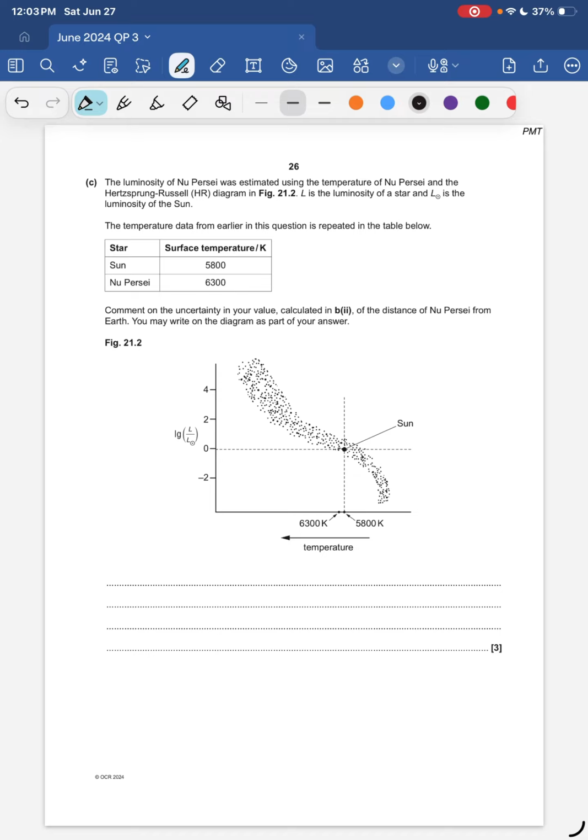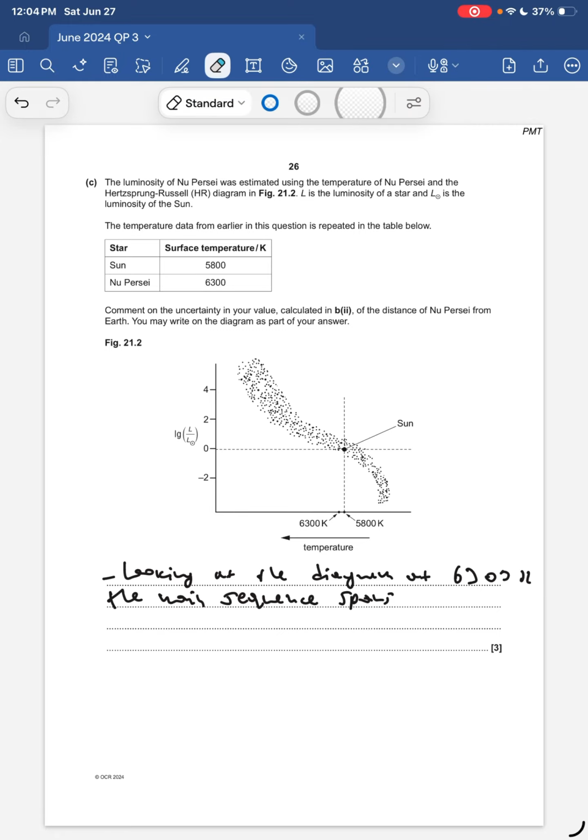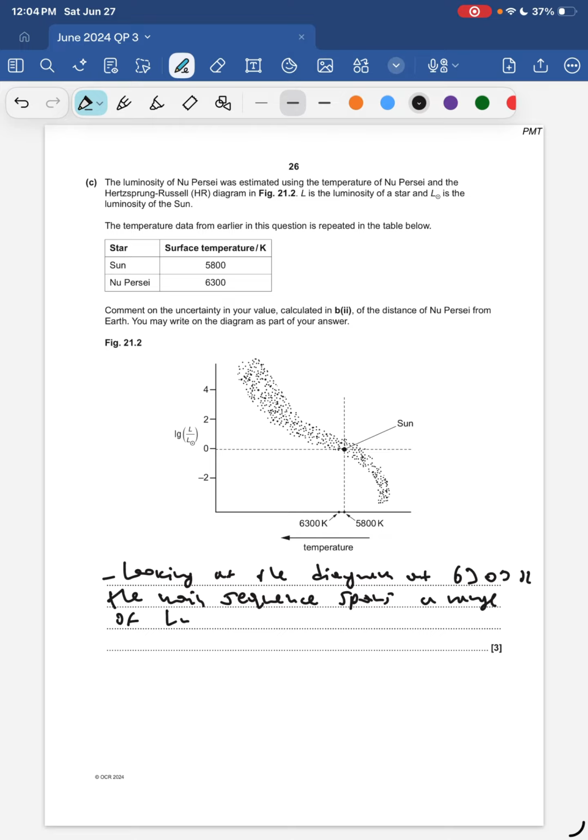Okay, so first of all, looking at the diagram, at 6300 kelvins, the main sequence spans a range of luminosities.